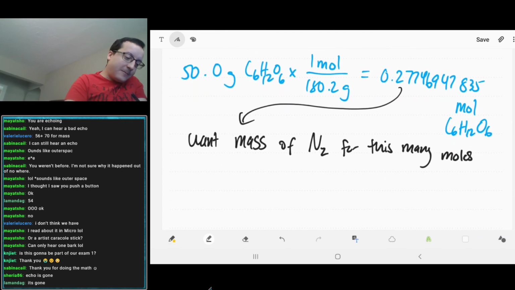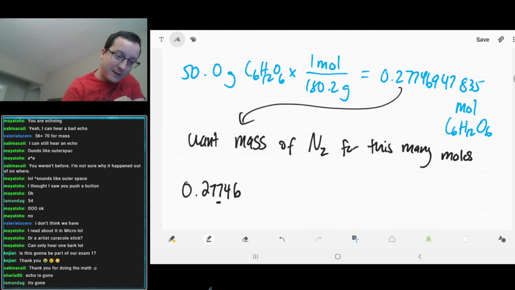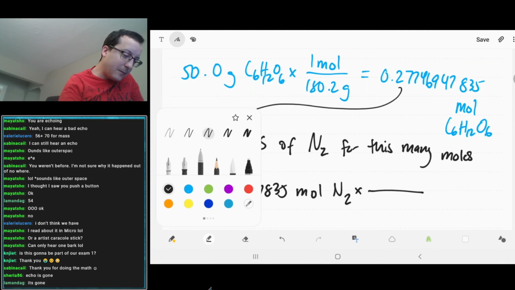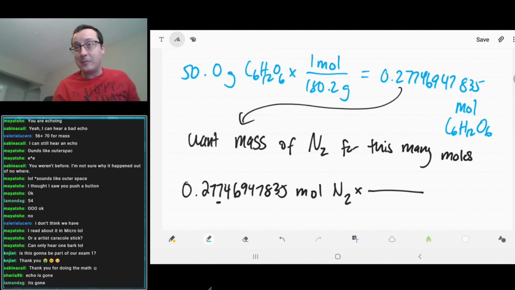If we understand that, we say, okay, we have this many. I didn't round just quite yet because of sig figs, since 50 grams is a measured quantity. 9.47835. We're just going to say moles of nitrogen now because we want them to be the same. We're going to have to put in the molar mass of nitrogen, which I did not give you.